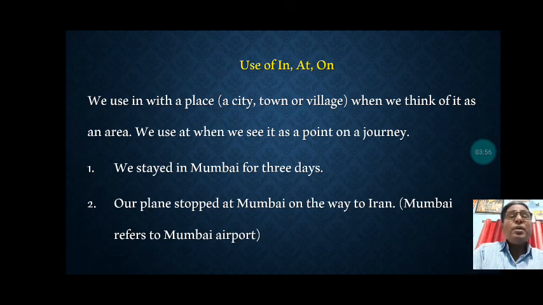Like, we stayed in Mumbai for 3 days. You can see in the sentence, in Mumbai. Our plane stopped at Mumbai on the way to Iran. Naturally here Mumbai refers to Mumbai airport.